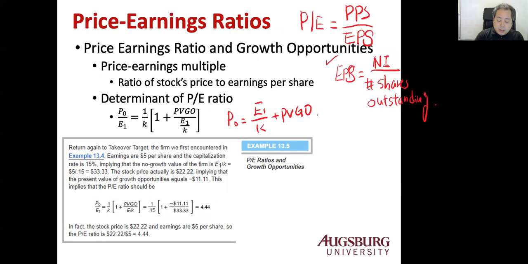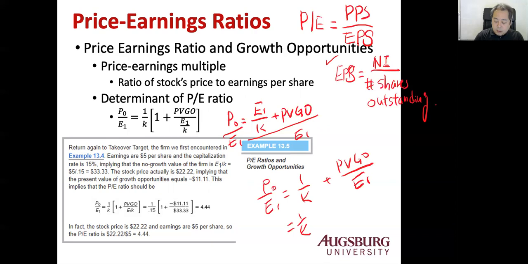And we can rewrite this by simply dividing everything by E1. What you find is that the PE ratio equals, the first term is simply 1 over k, right? And the second term is PVGO divided by E1. So if you factor out 1 over k, then it's 1 plus PVGO divided by E1 divided by k.